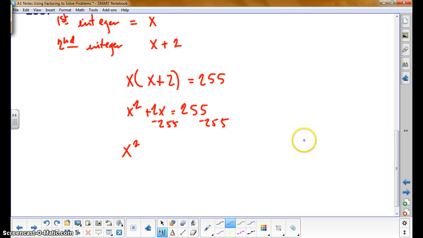Let me do it with another color. This dimension here is 20 minus x. So there's our x. And the dimension here is going to be 23 minus x, because it's decreased by the same amount.